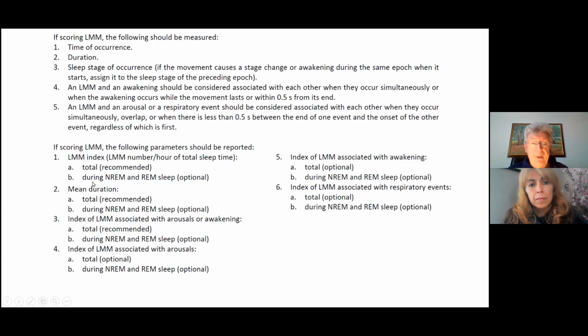Again, mean duration, total, during REM and non-REM, the index of LMM associated with arousals or awakenings, total, during non-REM and REM sleep, or if you want associated only with arousals and associated with awakenings alone, so we can put them together or separated, and the index of LMM associated with respiratory events, total and during REM and non-REM.